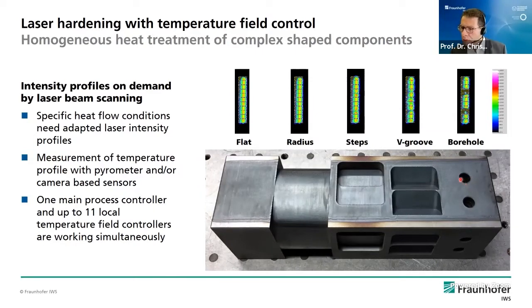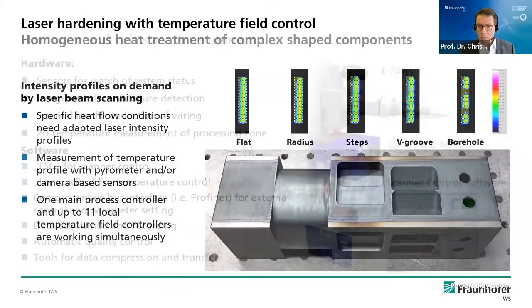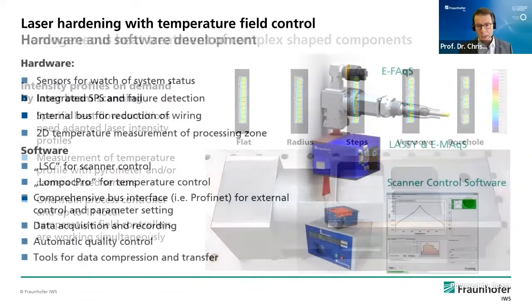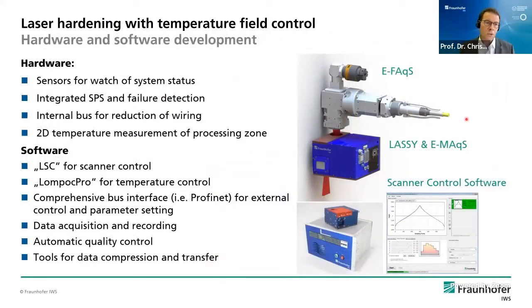So we need to tightly control the energy input, particularly around the edges here, and where energy is needed in between and at the edges of the circumference of the boreholes, of course, there's energy provided. And by using this technology, we can tightly control the energy input, even on complex shaped geometries.